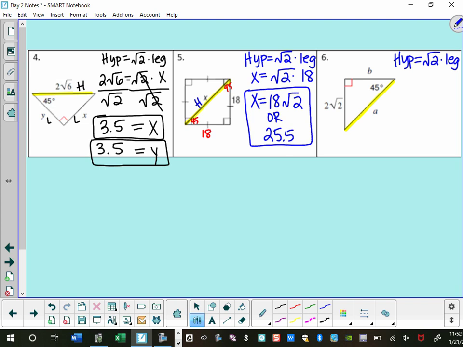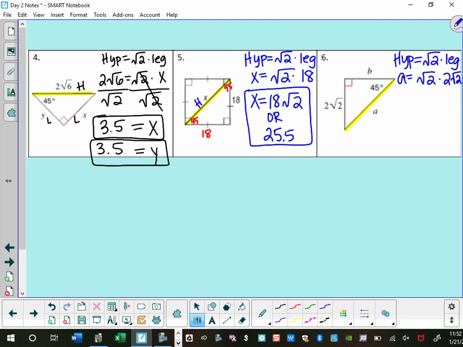What's the side across from the right angle? The A, good. So A equals root 2 times the leg. What is my leg here? No, 2 root 2. Or you say 2 times the square root of 2. That's a long way to say it.